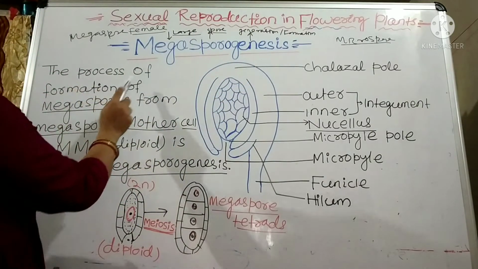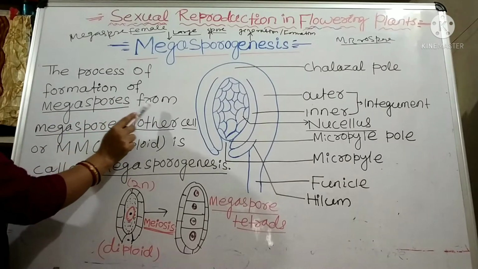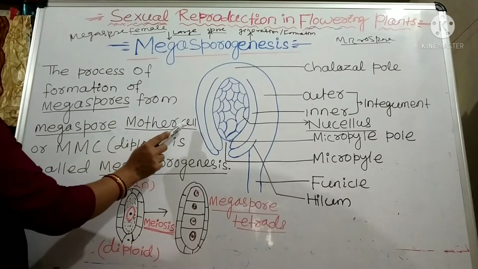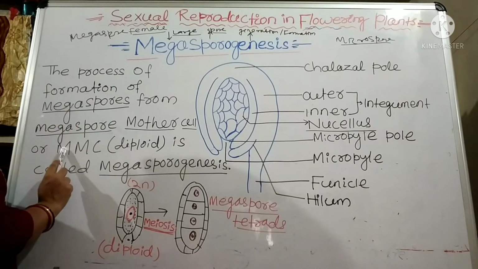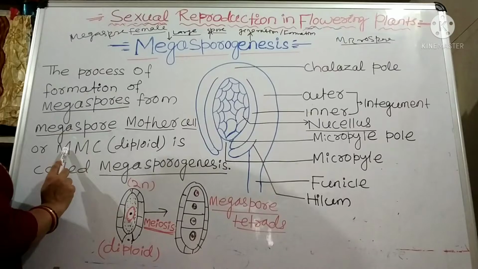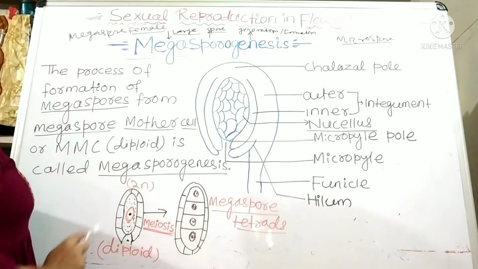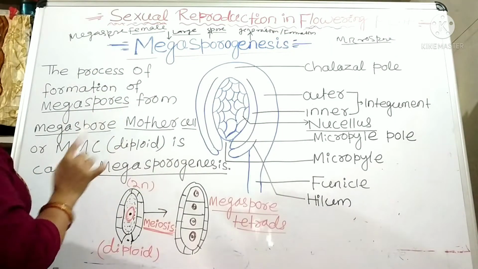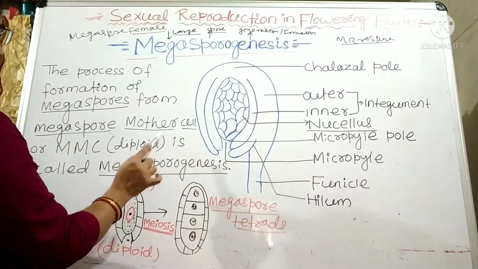The megaspore mother cell, or MMC, M for mega, M for mother, C for cell, is diploid in nature.